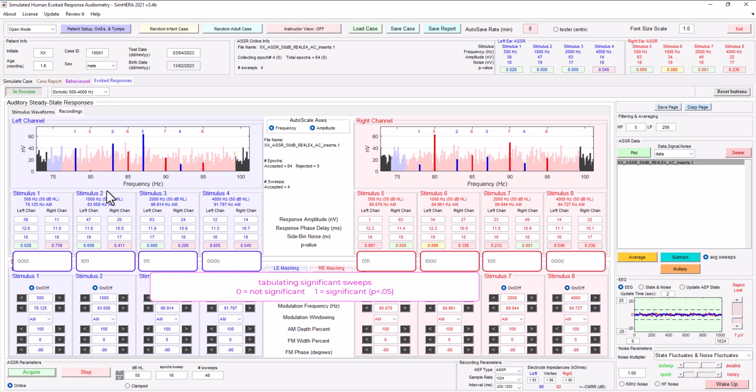If we have 8 sweeps out of 10 with responses present, then we would consider that a real response being present, and we can mark that as response present at the 50 dB HL level. And I've seen they've come in for the most part for stimulus 2, and I'll be doing the counting as we are seeing it, alongside your recording. So put a little sheet where you can tabulate this for all the different frequencies.